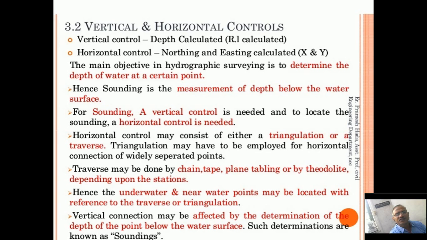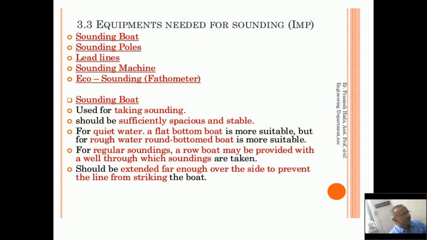So vertical control may be effected by the determination of the depth of the point below the water surface. Such determinations are known as soundings. Then what are the different equipments required for the sounding?